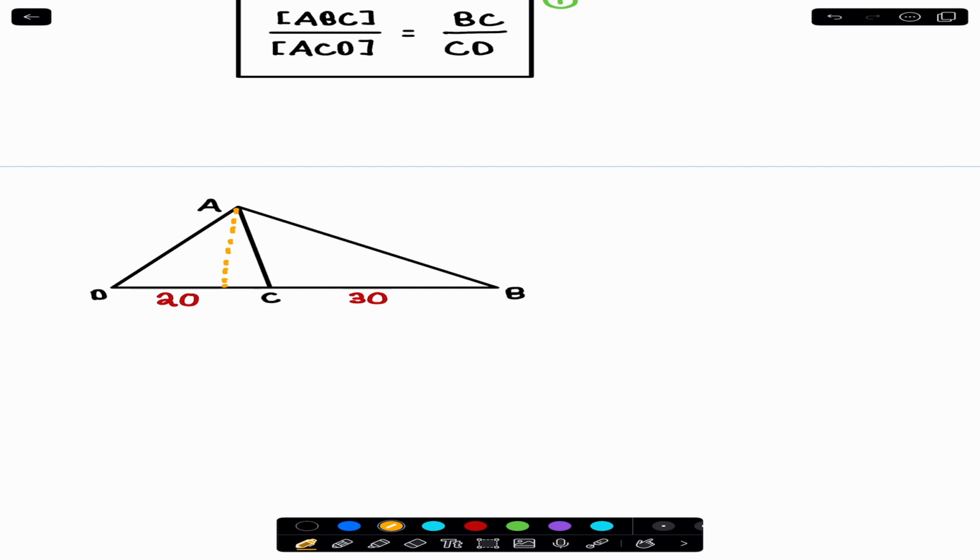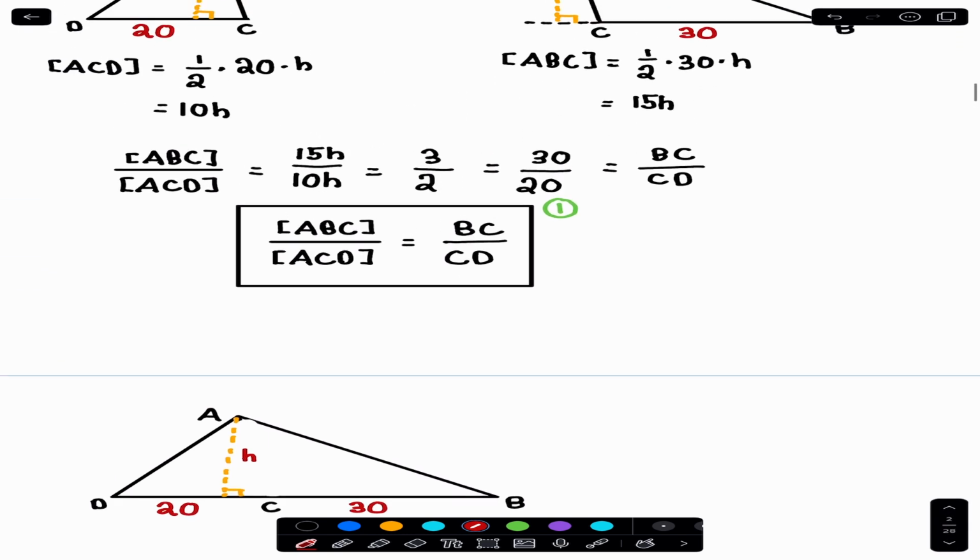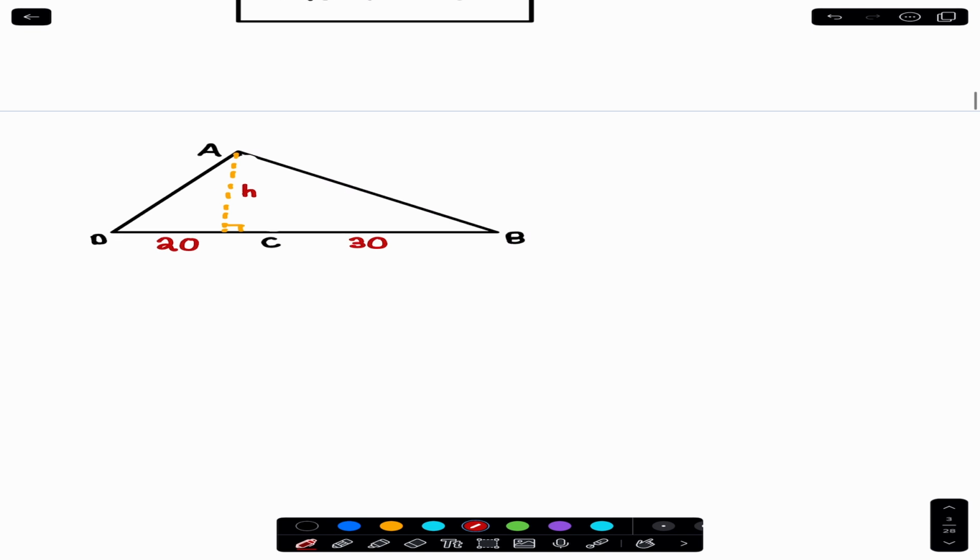And the great thing about this app is that, of course, segment AC is still there, but if it's a little distracting for you because you just want to focus on this big triangle, we can get rid of it. Again, this height still is length h. And now we can calculate the area.